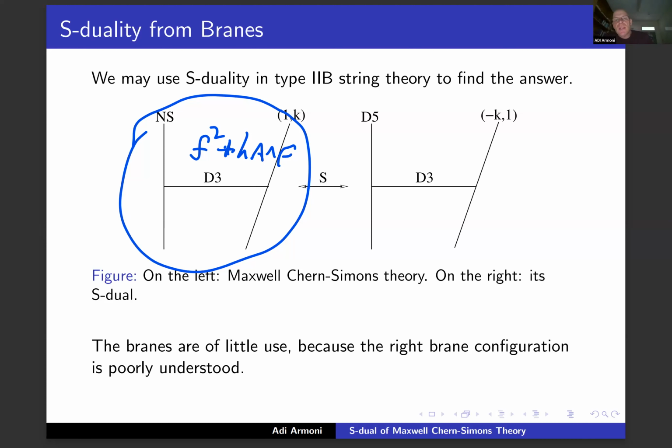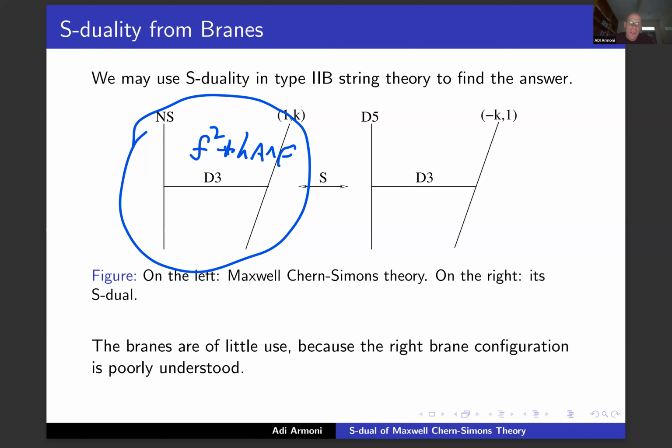And then instead of (1,k), we have (minus k, 1). So naively, we know what is the S-dual, except that we don't know what is the field theory that lives on the right brane configuration. So then the branes will not help us.